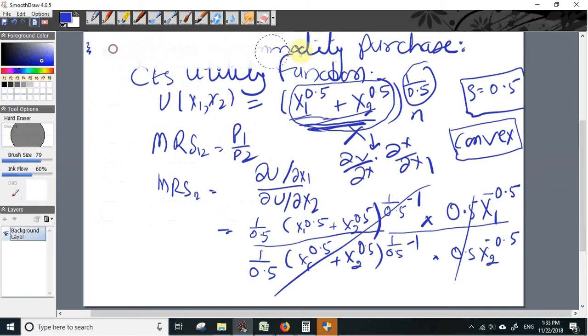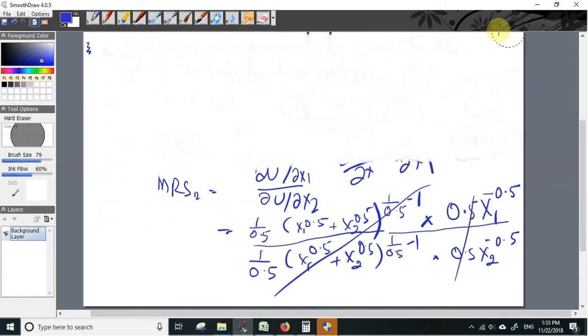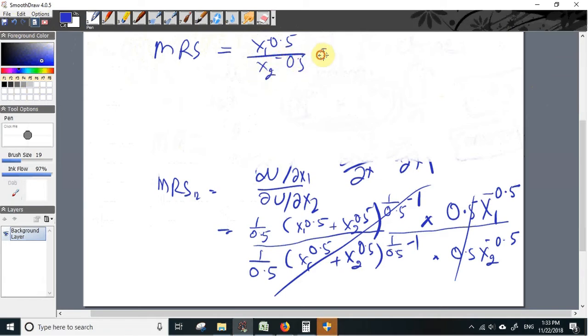The thing that remains is simply the marginal rate of substitution. This is x1 to the power negative 0.5 divided by x2 to the power negative 0.5. So this can be written as x2 over x1 to the power 0.5.